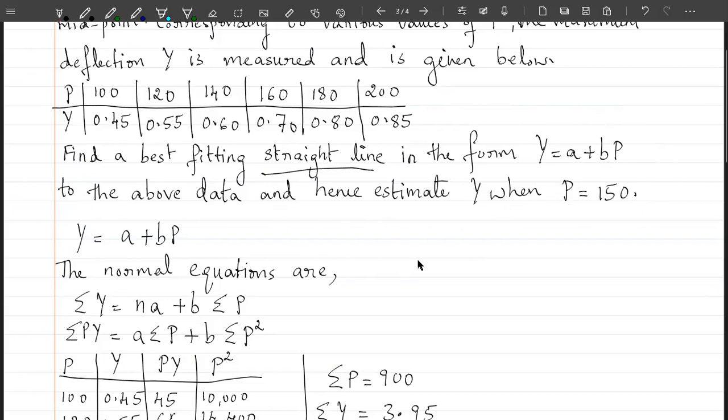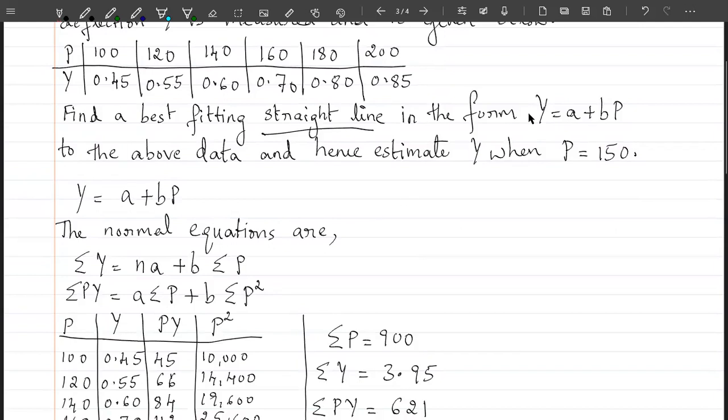So now first let's construct the normal equation for the given data. They have already given you the equation of the straight line here, that is capital Y equal to A plus BP. So how do you get the normal equations? The first normal equation is obtained by directly taking summation on every term of the given equation. So first equation is summation Y equal to summation A. Summation A means N into A plus summation BP, that is B into summation of P. Now, what did I tell you how to get the second normal equation?